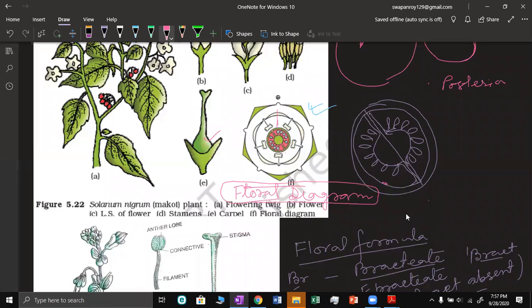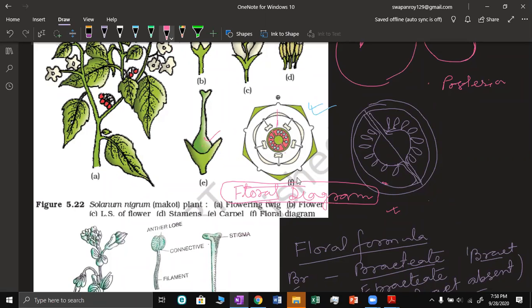In the floral diagram, like the floral formula, with symbols we have expressed some of the characters of the flower. In floral diagram, by symbolic drawing, we represent some of the important characters of the flower.